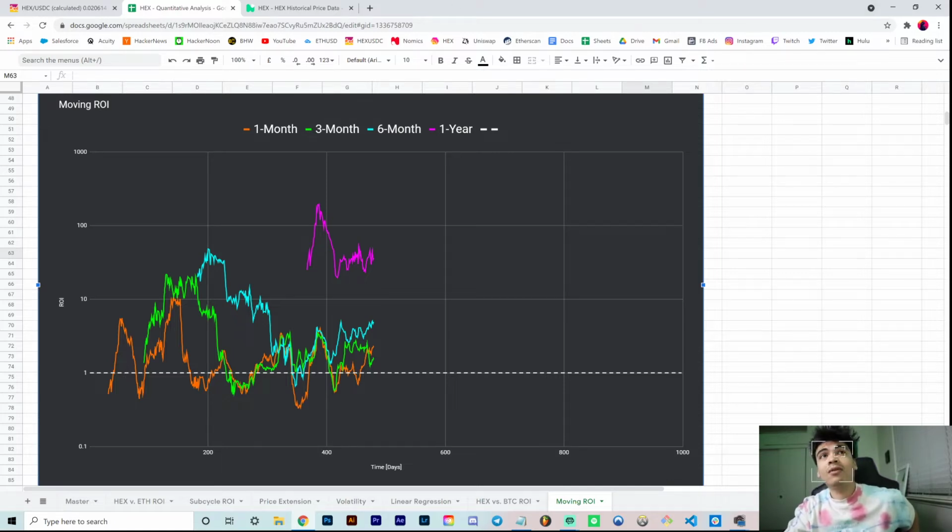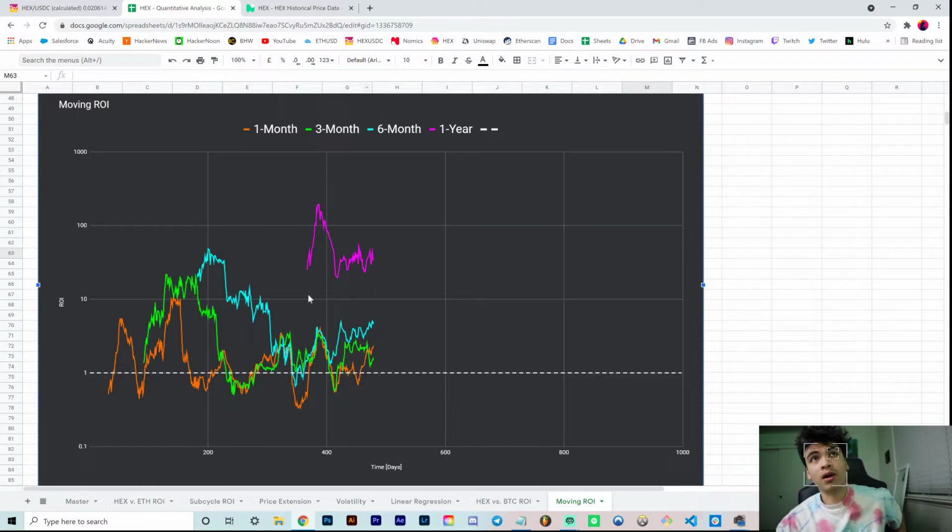Okay? Now, if you give yourself a longer time horizon, and we look at 3 months here, this green curve, then you see that you find yourself profitable more so than the 1 month guys. So sure, there was this region here where both the 1 month guys and the 3 month time horizon guys were underwater, as well as here.